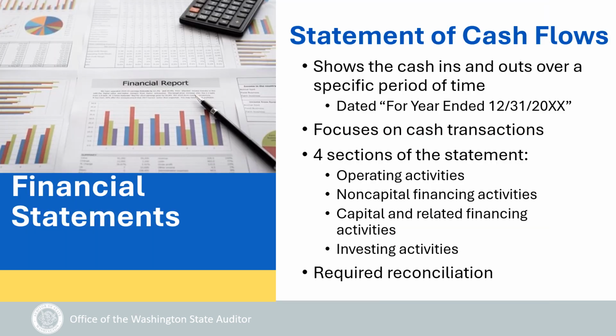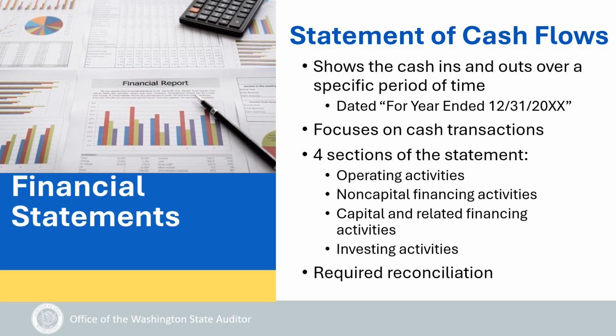To wrap up our statement of cash flows conversation, here are a couple main points. This one is dated for a period of time rather than a specific date. That's because we're reporting the cash flows for an entire month or an entire year rather than for just one day. It focuses on cash transactions, what cash came in and what cash went out.